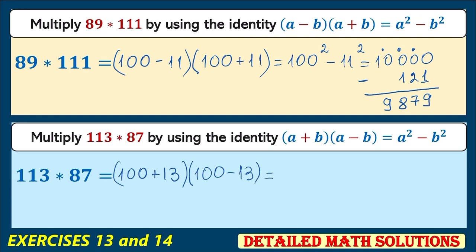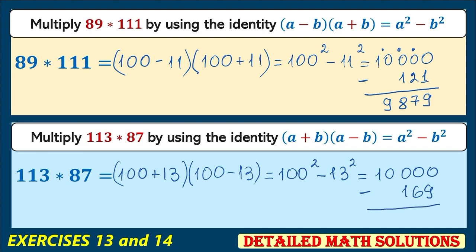This way, this equals 100 squared minus 13 squared, which equals 10,000 minus 169. When I subtract both numbers, I get 10 minus 1 is 9, then I have 9 minus 6 is 3, and I have 9 minus 1 is 8, and then I have 9. So this equals 9,831.